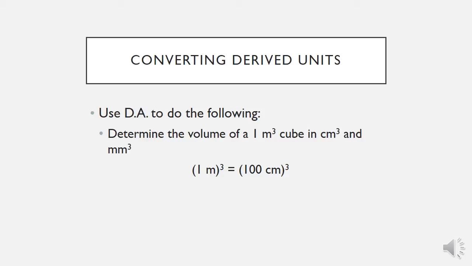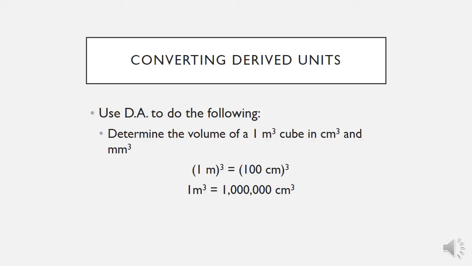Something important to note, I can't just cube the unit, I have to cube everything on that side. So I have to cube the centimeters as well as the 100. I have to cube the meters as well as the 1. So when I do that, I know that 1 cubic meter is equal to 1,000,000 cubic centimeters. So a little bit more than like 1 in 100. So that changes how you convert it.